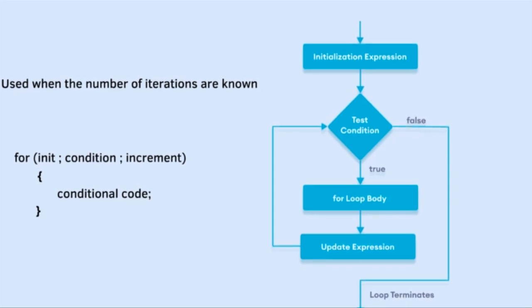Now after increment, again before entering the body, it will check the condition. This will keep on executing unless and until the condition is true, and as soon as it is false, the loop will get terminated. Alright, so let's execute this particular loop practically.